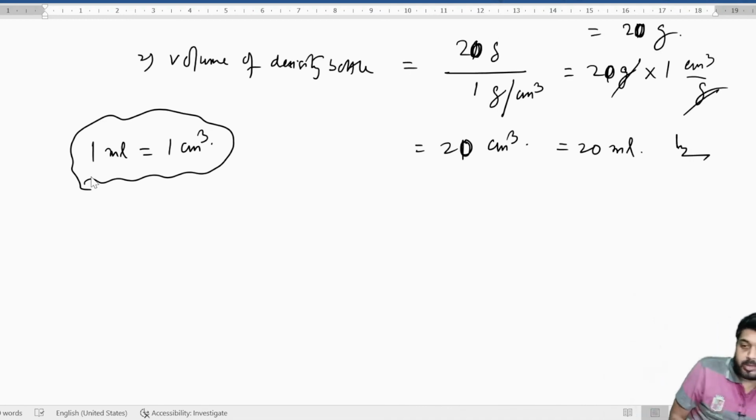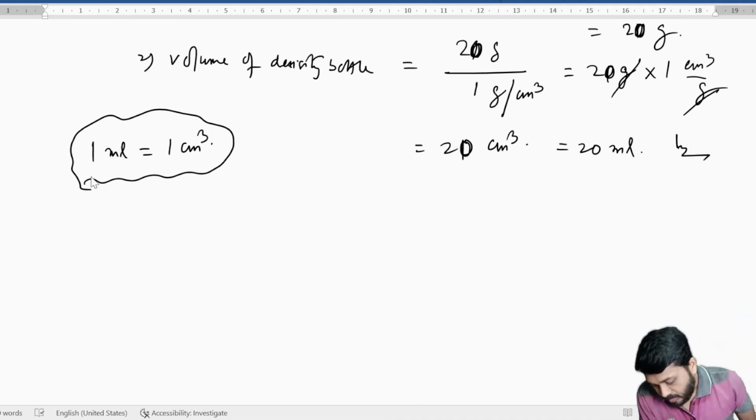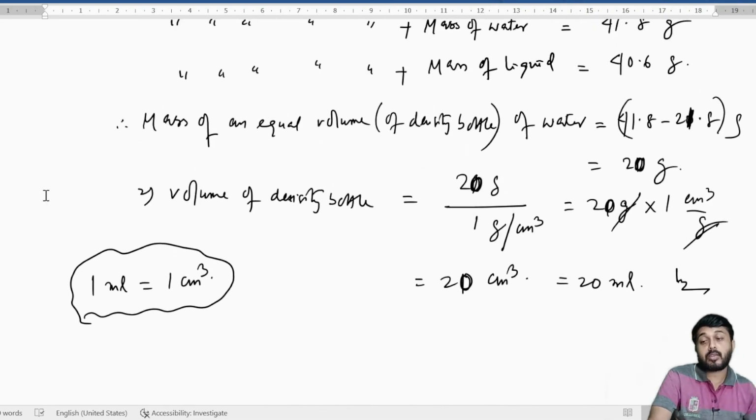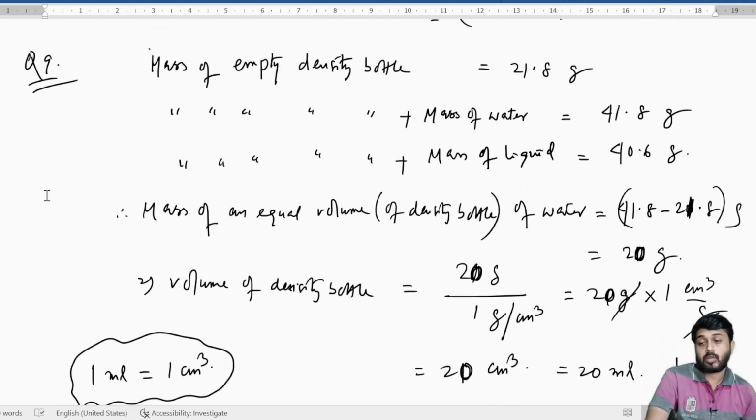In the second part of the question, they have asked the relative density of the liquid. What should be the relative density of the liquid? Relative density of the liquid is density of the liquid by density of water. Density of water we know, density of the liquid we don't know. How to find the density of the liquid? The other way to find out the relative density of the liquid is mass of the liquid by mass of an equal volume of water, right?